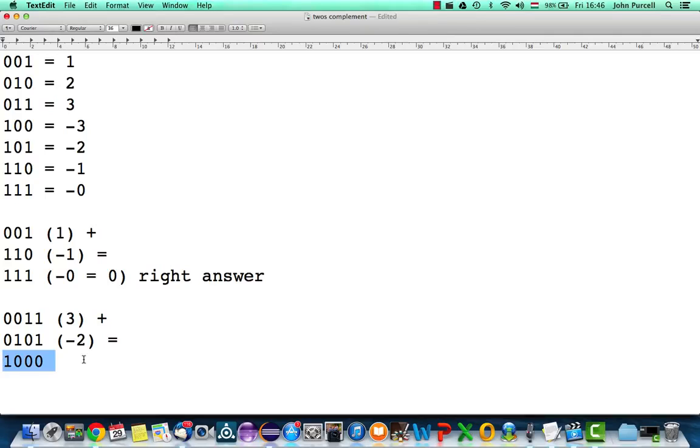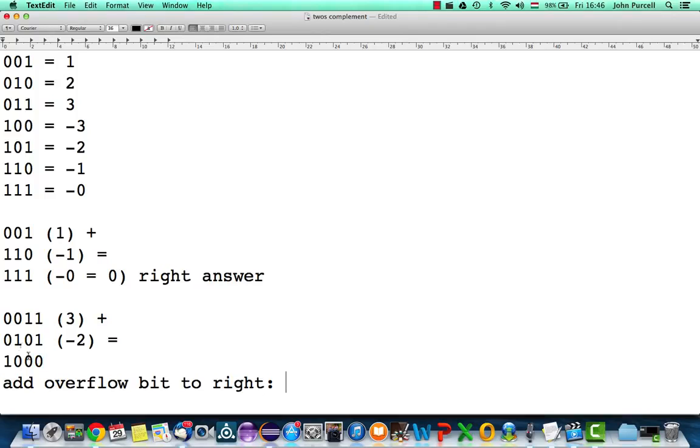But there's a rule that we can apply to fix that: if we get an overflow bit on the left here, we have to add it to the right here. So let's do that. Add overflow bit to right. We take that off there and add it here.